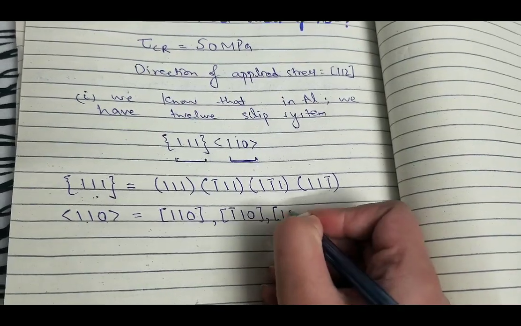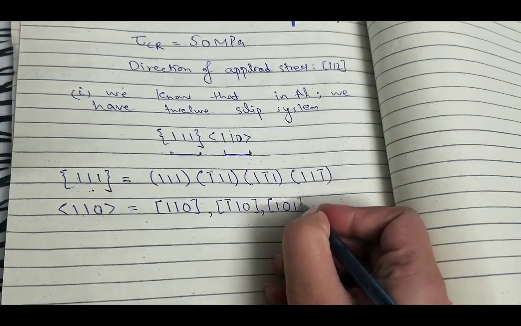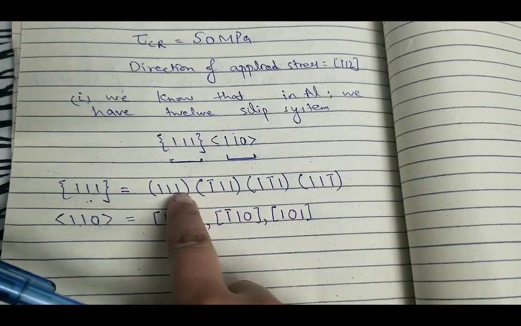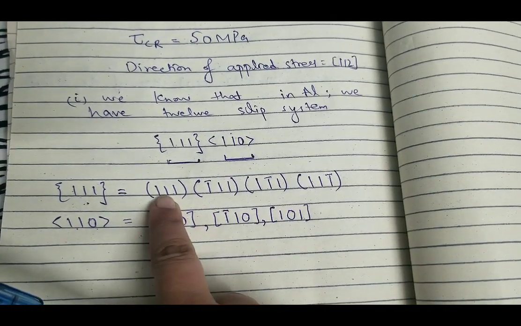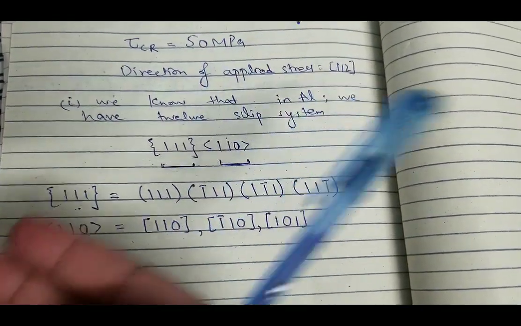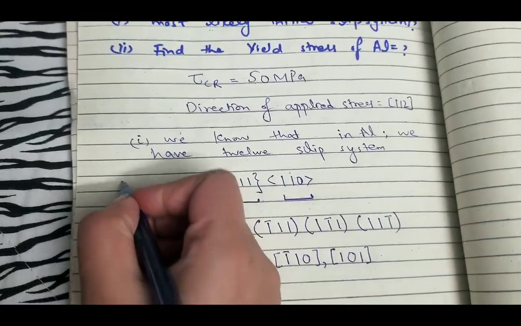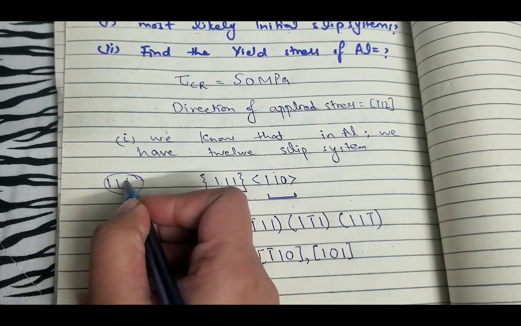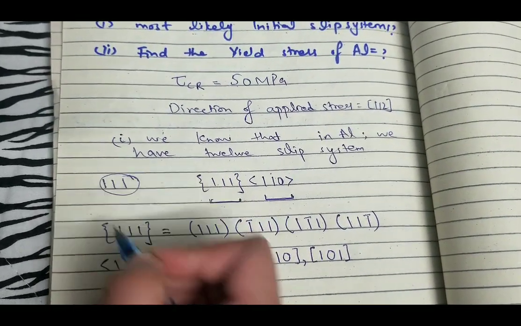That could be 101. Since all of the numbers in 111 are 1, the permutation was not possible, as it was equivalent. Changing the position of this one with this doesn't bring any change.